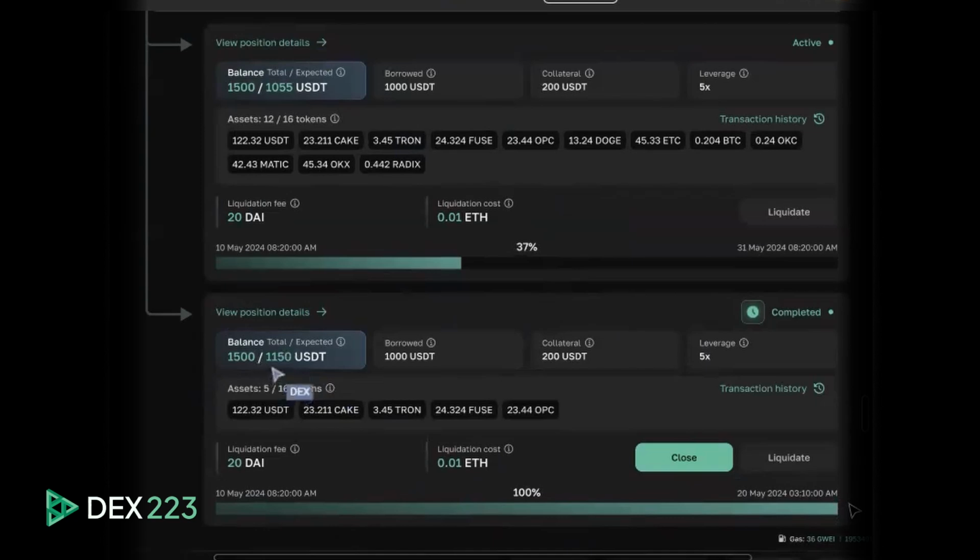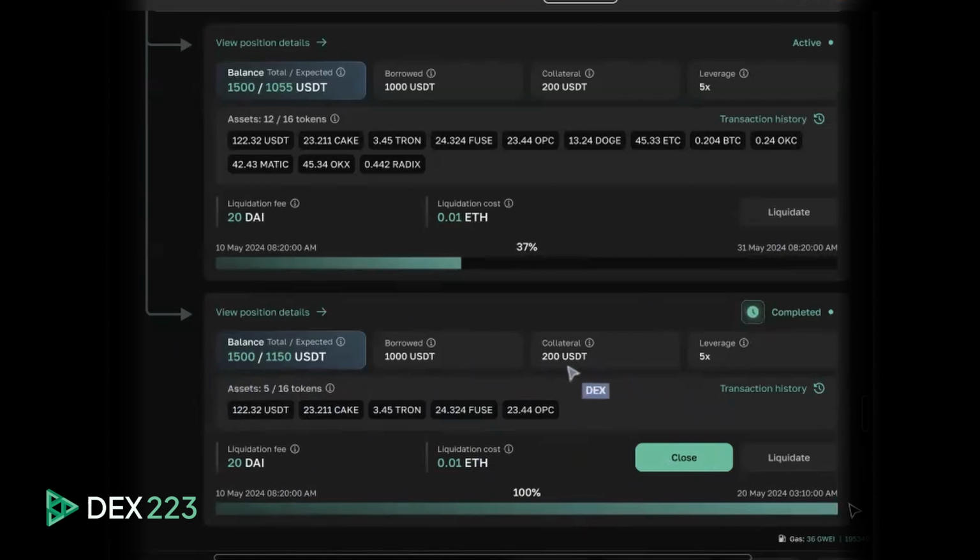So in this case, if the position is fulfilled, the lender can close it. If the lender closes the position, all these assets are going to be sold on the market, and this amount of expected balance will be returned to the balance of the lending order, and whatever is left will be delivered to the borrower's balance.